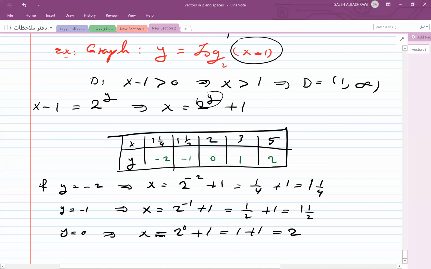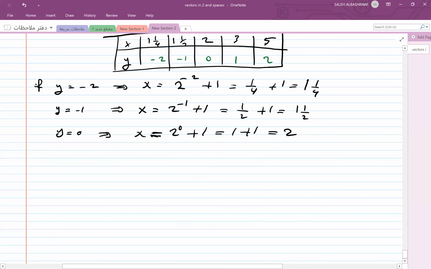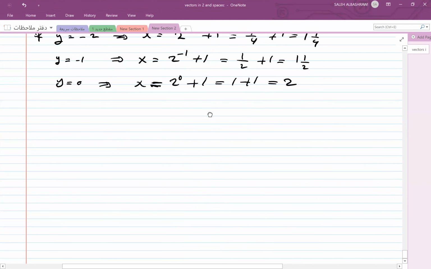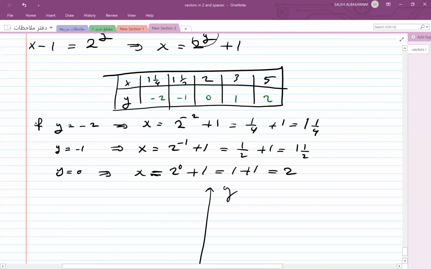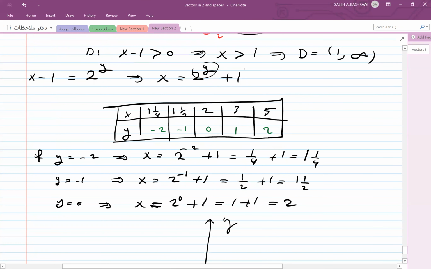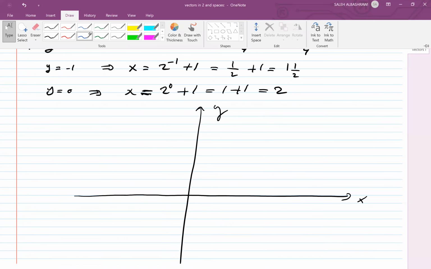Now the graph for this function is x, and this is y. Now we see the domain there. We say that the domain is x greater than 1. What does this mean? X greater than 1 means that at x equal to 1 we are going to have something called the vertical asymptote.